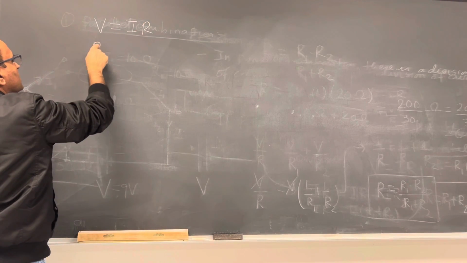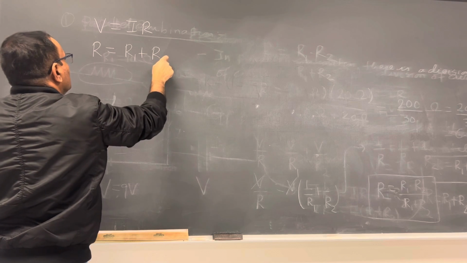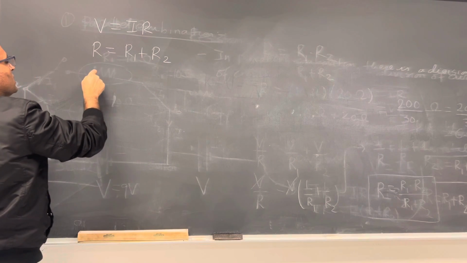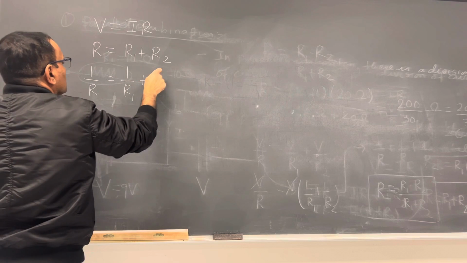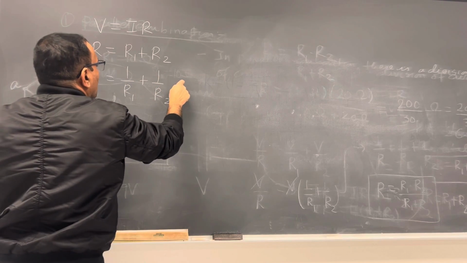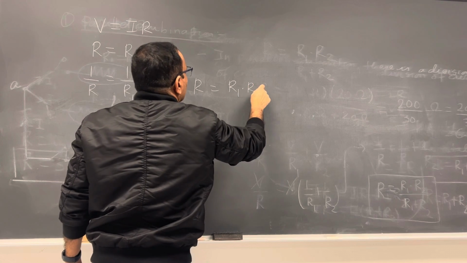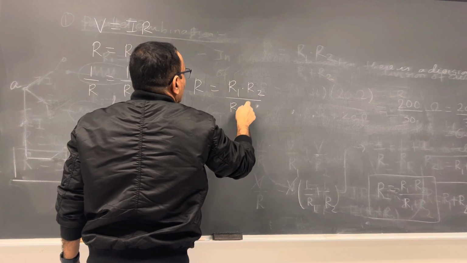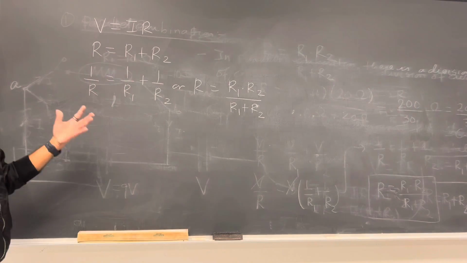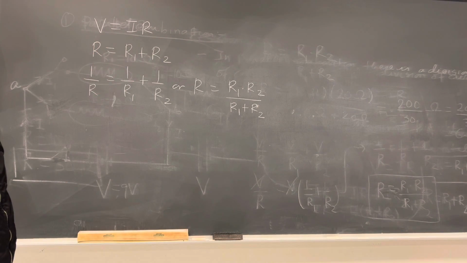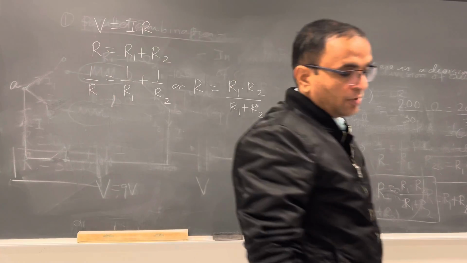If it is a series combination, you can write down R equal to R1 plus R2. If it is a parallel combination, you can write down 1 over R equal to 1 over R1 plus 1 over R2, or you can write down R equal to R1 times R2 divided by R1 plus R2. Okay, so you need these formulas. We have more, but these are the important formulas we need. So let us do one problem using these formulas, okay?